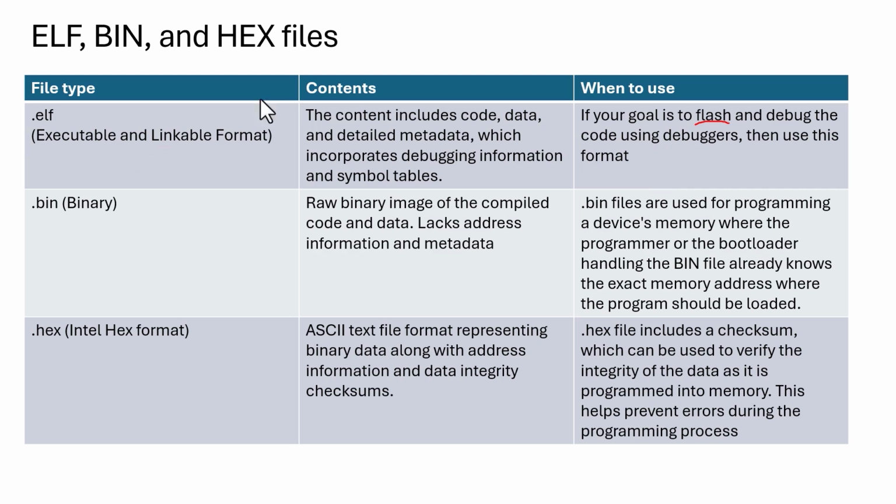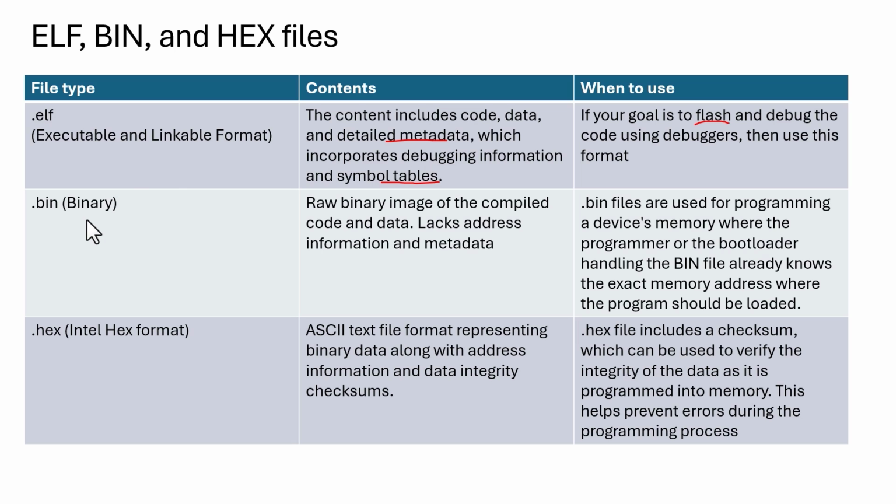Because the ELF format contains not only code and data of your program, it also contains a lot of metadata. That means other information like symbols information, which will help the debugger or the IDE to debug the code which is running on the target. That's the purpose of .elf. Along with code and data, it also contains detailed metadata, which incorporates debugging information and symbol tables.